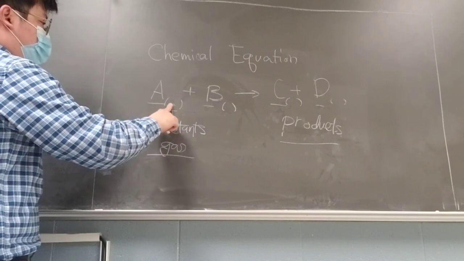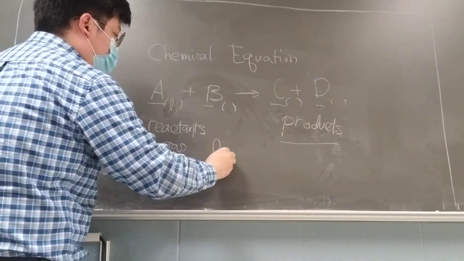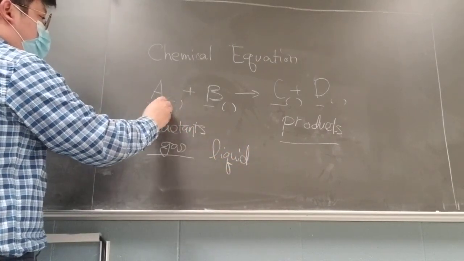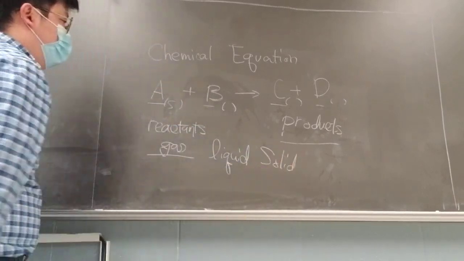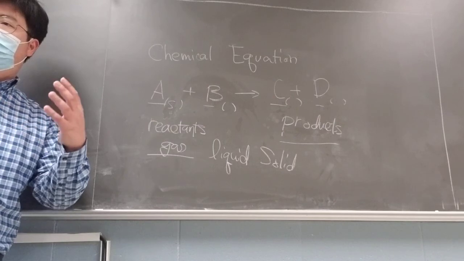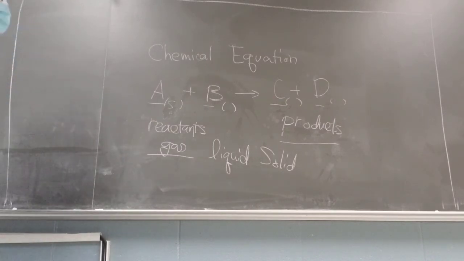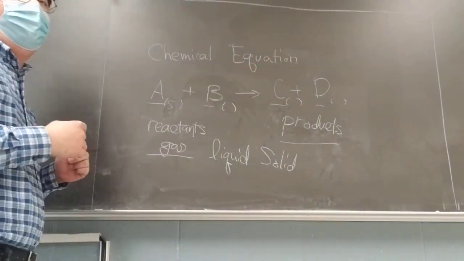If we put L, it means a liquid. If I put S, it means a solid. So you'll be able to know what it means from the small parentheses at the bottom right corner of your chemical formula on the left and right of chemical equations.